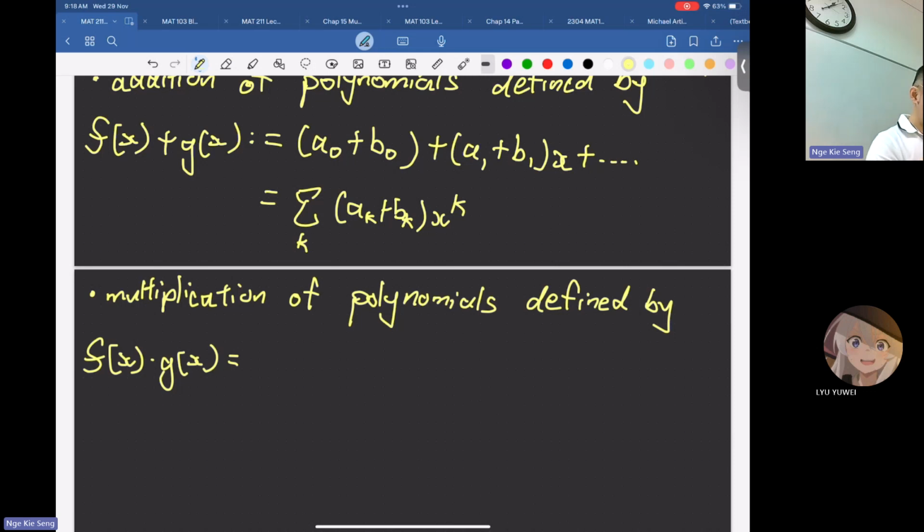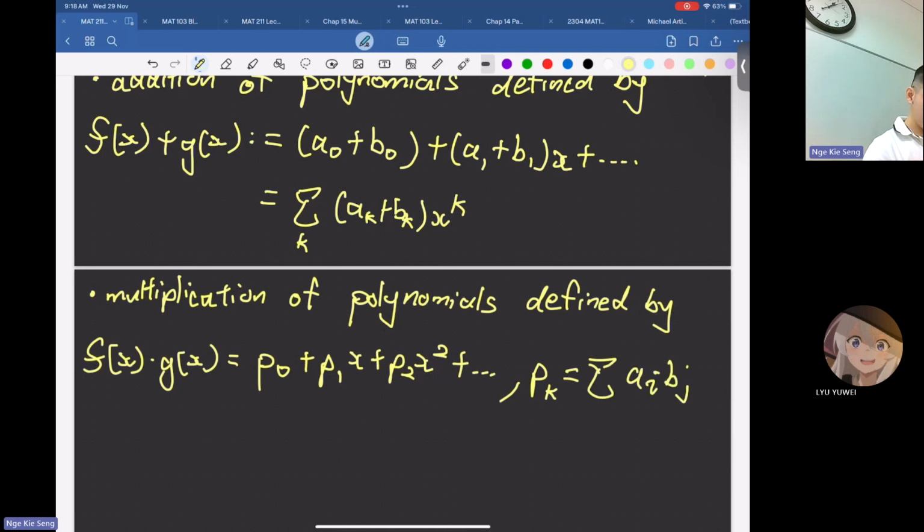When I multiply two polynomials together, I get another polynomial. But how do I compute the coefficients? What do you do when you distribute? How do you collect the coefficients? These are just a_i times b_j such that i plus j equals k. Okay, correct?